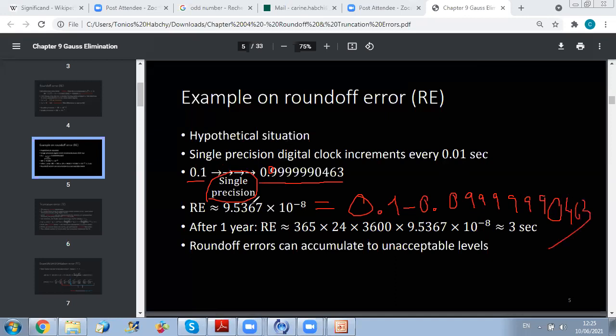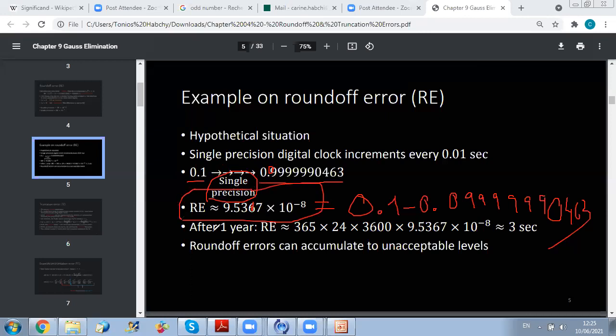It will nearly give you 9.537 times 10 to the minus 8. And each increment, you will have this round off error.